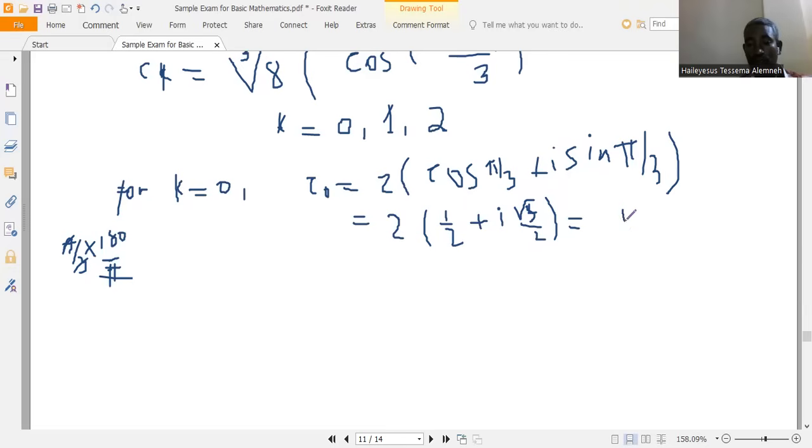Multiplying by 2, we get 1 plus i radical 3. This is the first root.